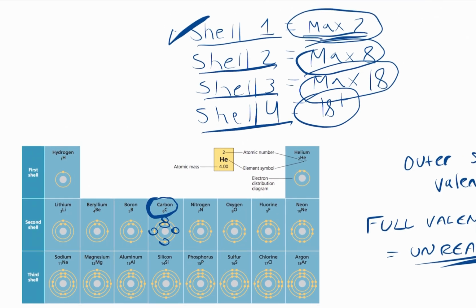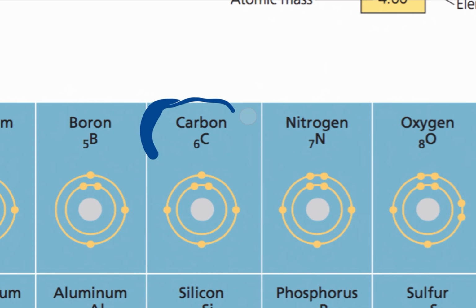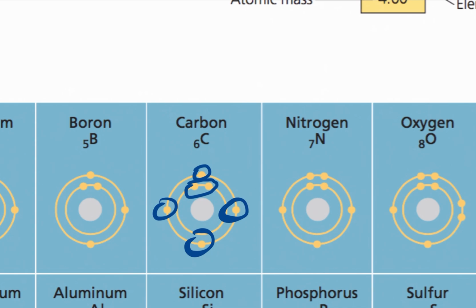If we go back, shell 2 max is 8, but why is there not 8 there? Because carbon only has 6 electrons, so it already filled up its first 2. Now we just have 4 left over, 1, 2, 3, 4, and that's it, 6 electrons.